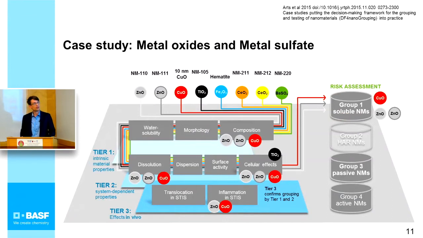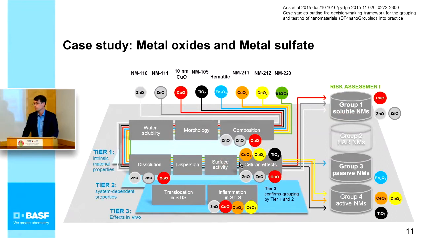Titania, different. It only has cellular effects, but there are effects, so we group it as one of the active materials. For the iron oxide, it goes to the passive materials because none of the properties is above the cutoff. For the cerium dioxide, again, we have cellular effects, and actually with our refined surface activity, we have effects there too. So the cerium dioxides, both of them go to the group of active materials, and again, that's confirmed by our in vivo data.